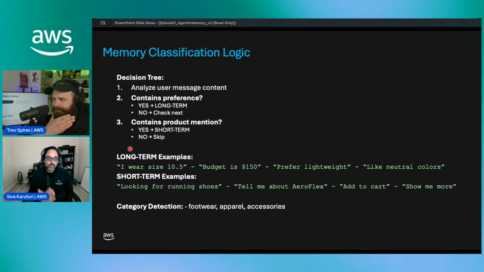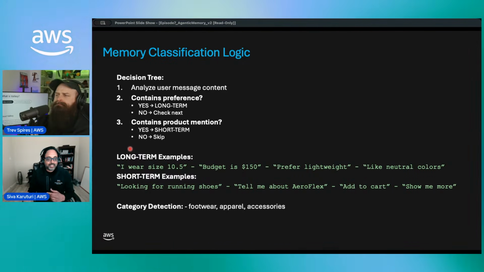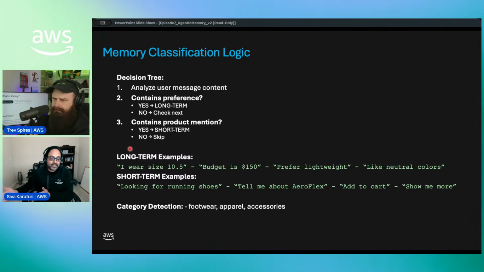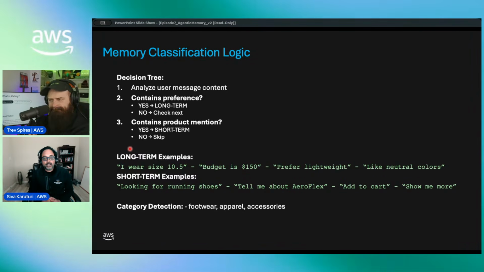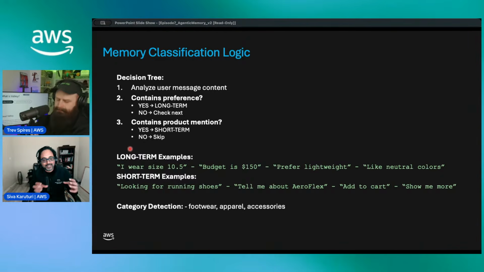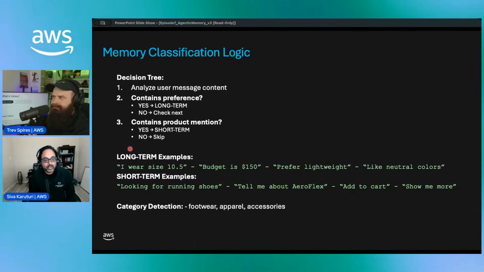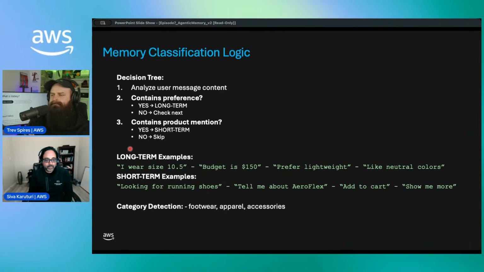For example, shoes will come under a shoes category. Apparel, for example, you're buying a jacket, that comes under the apparel category. You also want to make sure that you categorize this data, because when you have a wide variety of data points, it can get really bad, especially when you're retrieving these memories back to the user. So examples, right? Shoe sizes, budgets, those are all long term, like I mentioned.